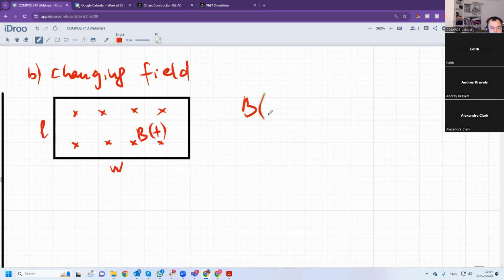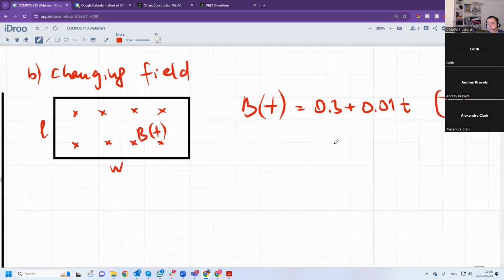Let's say the field as a function of time changes as 0.3 plus 0.01t Tesla. Okay, so initially the field is 0.3 and it increases as a function of time, right?